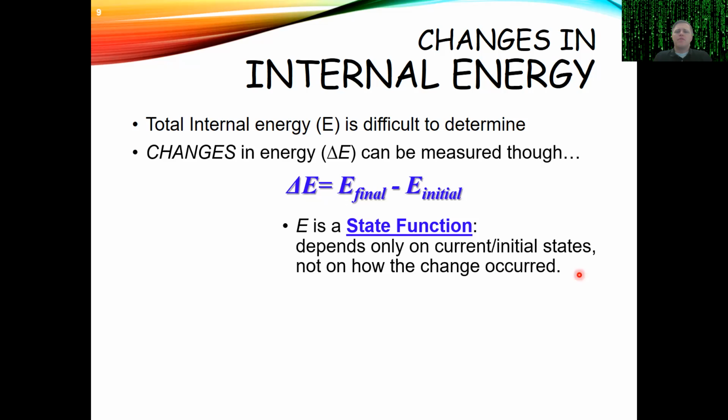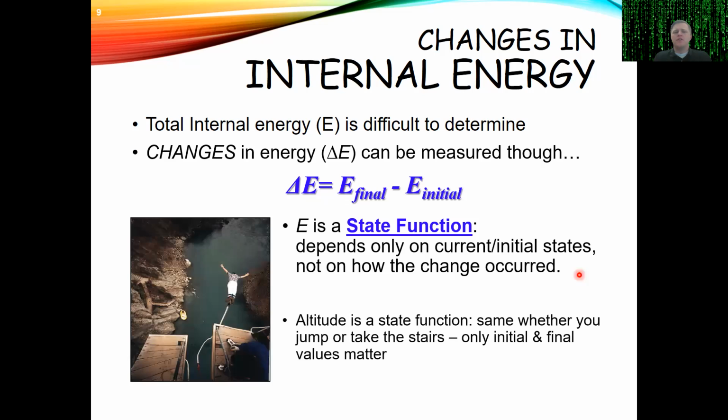To give you an example of another state function, altitude is a state function, where my altitude here versus in Colorado is only going to depend on the altitude here versus the altitude in Colorado. It's not going to matter whether I drive from here to Colorado, or I walk, or I take an airplane, or I take a space shuttle. If I go from here to Colorado, my altitude's only going to depend on my starting and final altitude.